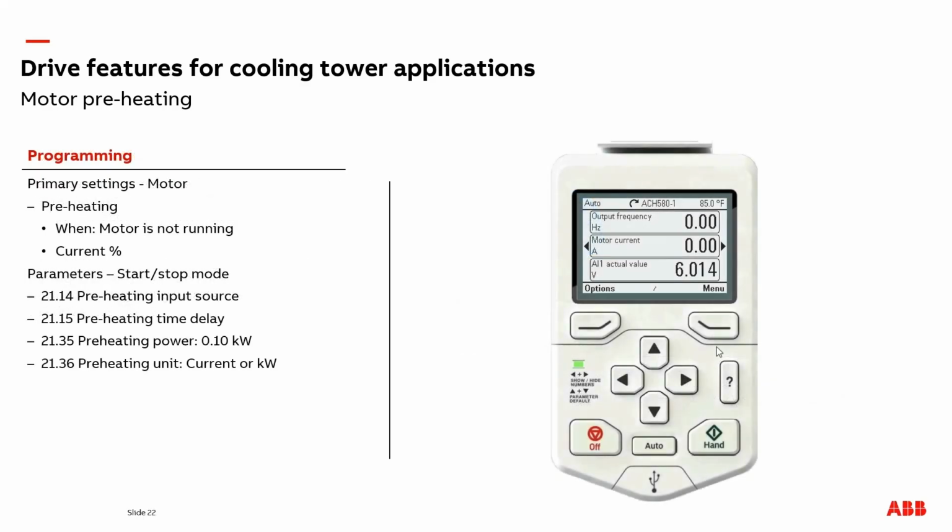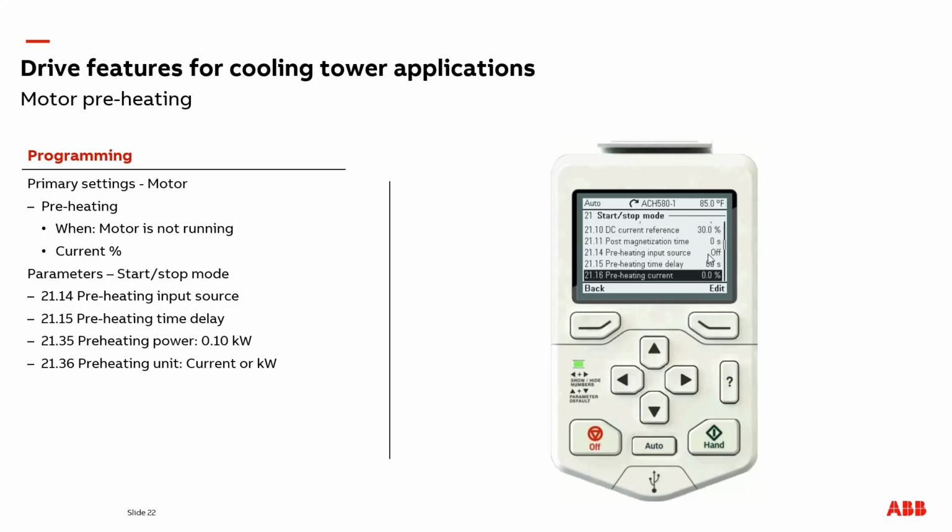To enable motor preheating, there are 2 menus available to access the settings. The first is primary settings, but in this menu you can only select when to activate preheating and what percentage of current. Instead, I'm going to go into parameters, the complete list, down to group 21 to select the motor preheating options.